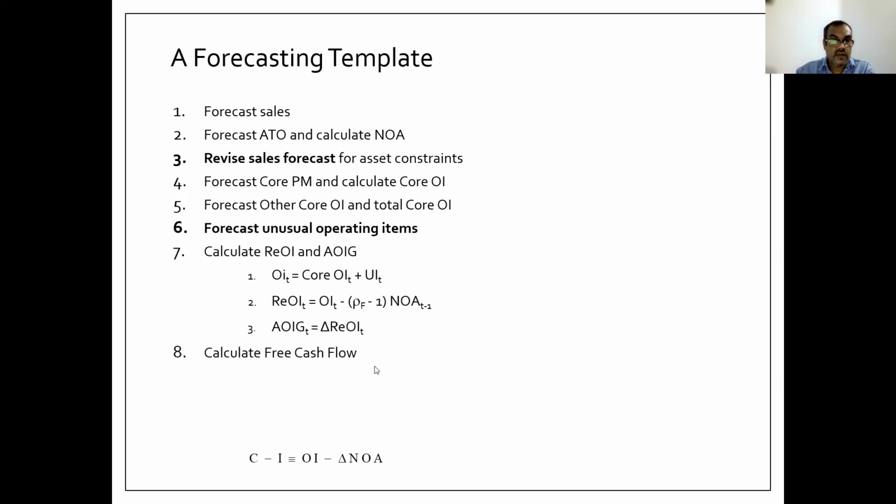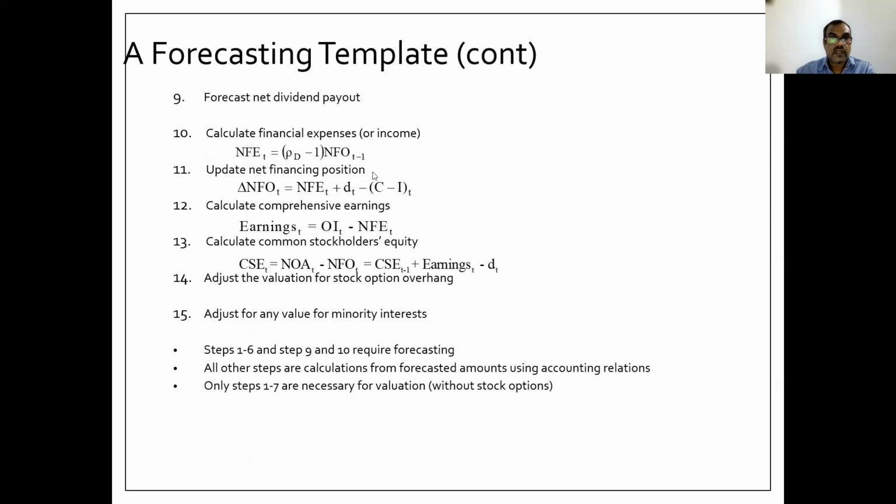Then you can reach free cash flow or earnings or residual earnings as you wish. Then the dividend payout and all those matter when you think of investments. Then you have to calculate net financial expenses as well.